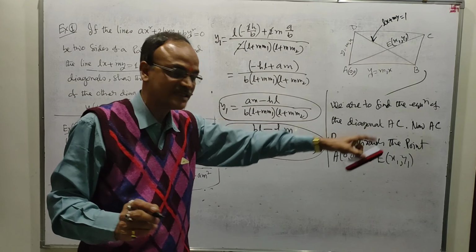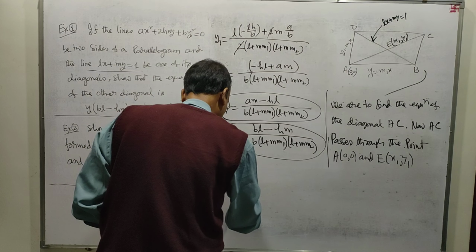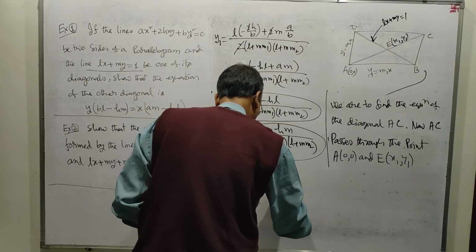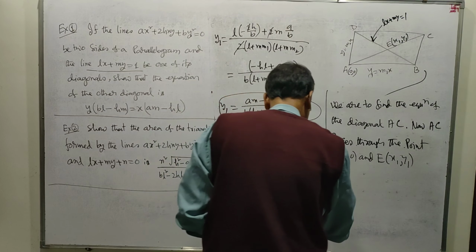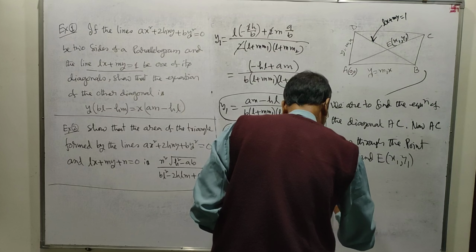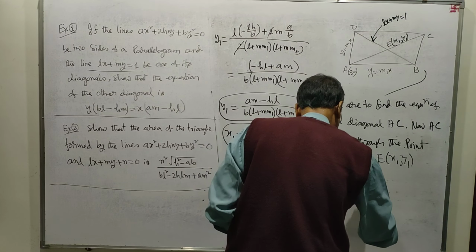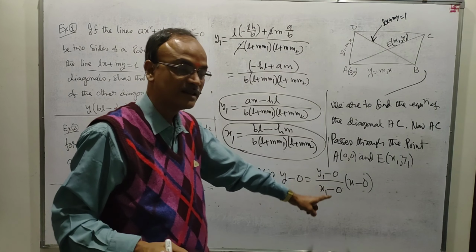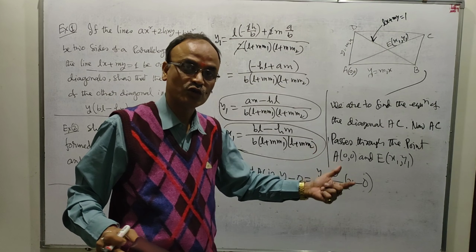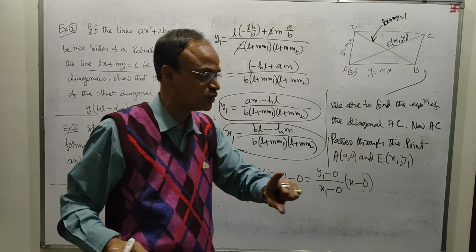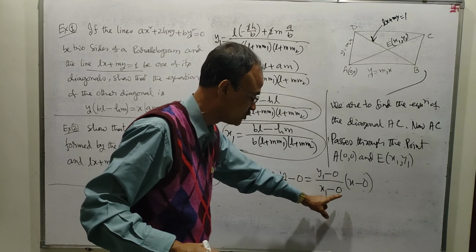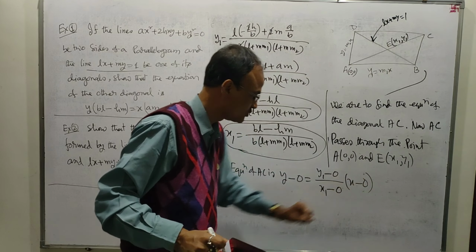Therefore, the equation of AC is y minus y1 equal to y2 minus y1 divided by x2 minus x1 into x minus x1. This is the formula of a straight line passing through the two points (x1, y1) and (x2, y2).